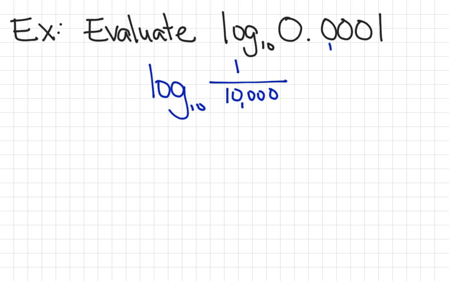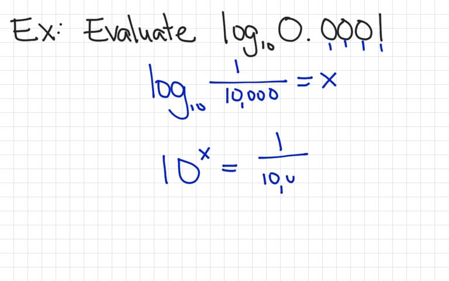Because this is the 10th place, the 100th, the 1000th, the 10,000ths. If I set this equal to x, and then rewrite it in exponential form, I'm going to get 10 to the x equals 1 over 10,000.